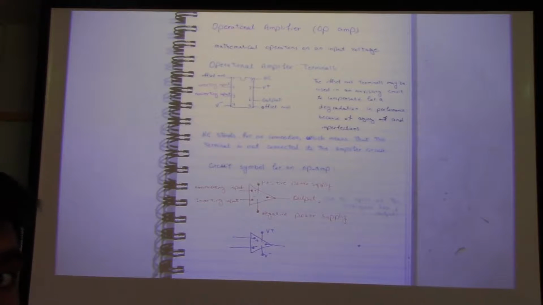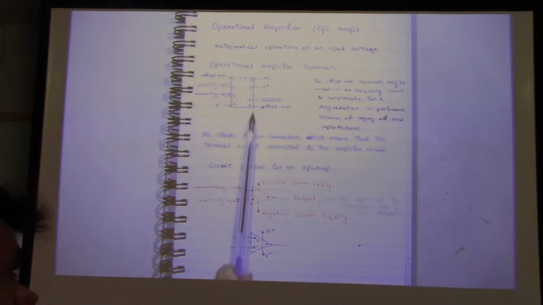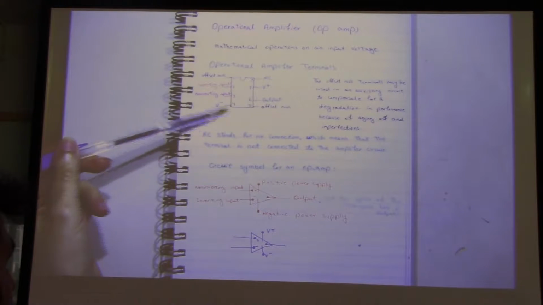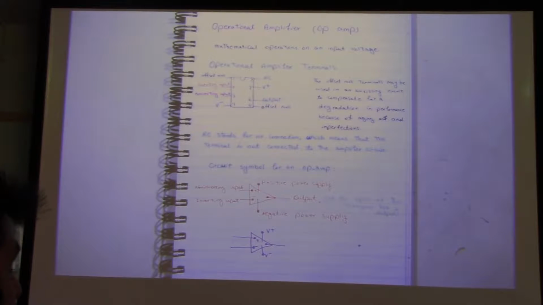So this is an IC with 8 terminals. Now we know how to number the terminals: 1, 2, 3, 4, going to the right side, 5, 6, 7, 8. You see the terminal number 4 is V minus. What is that? Negative part of the voltage terminal? Yes.